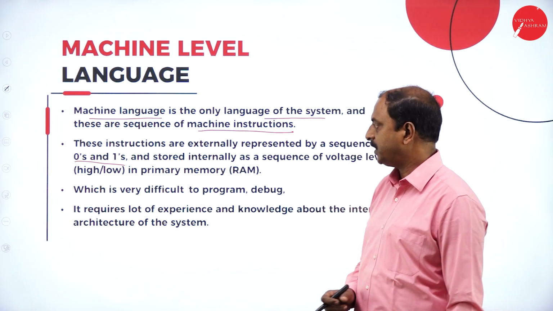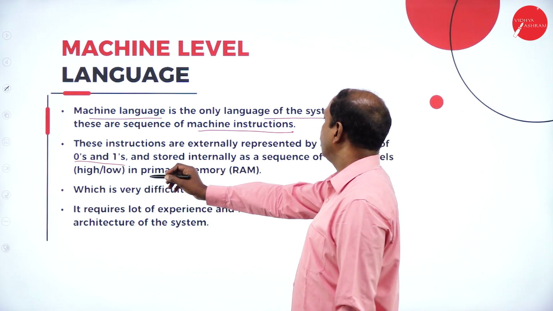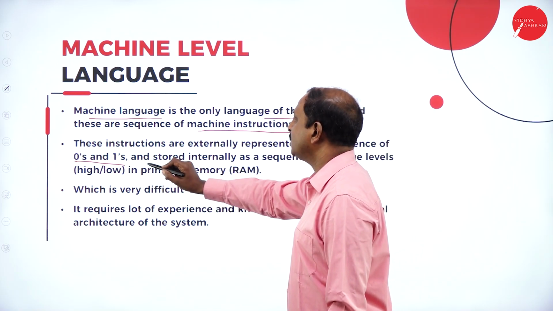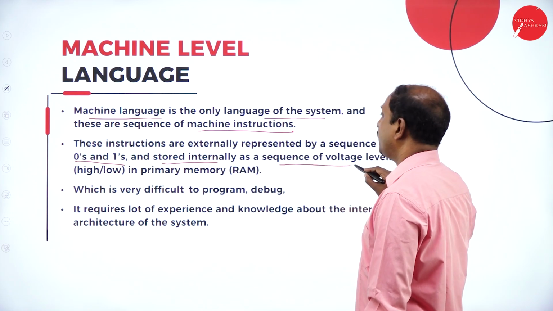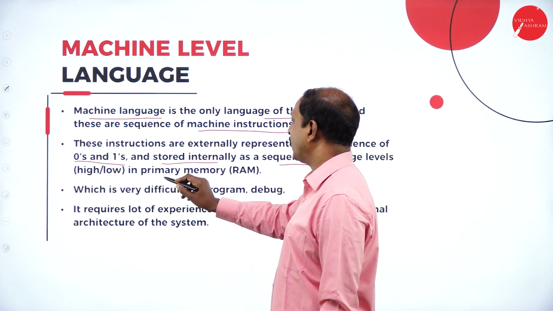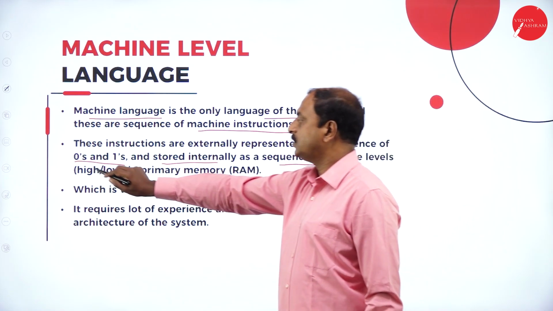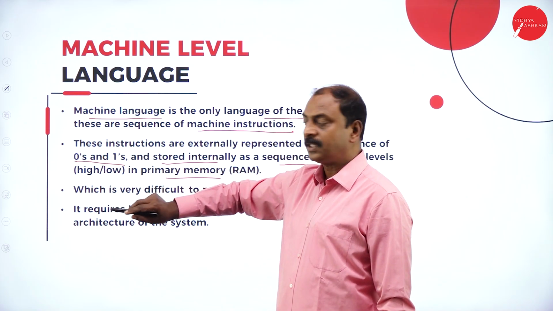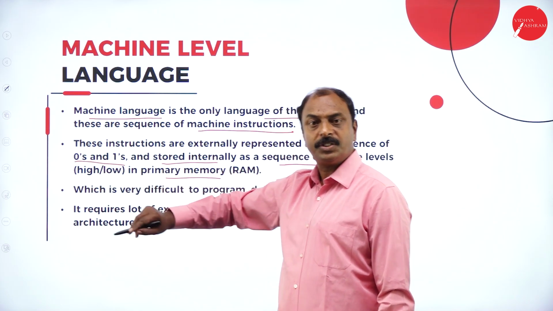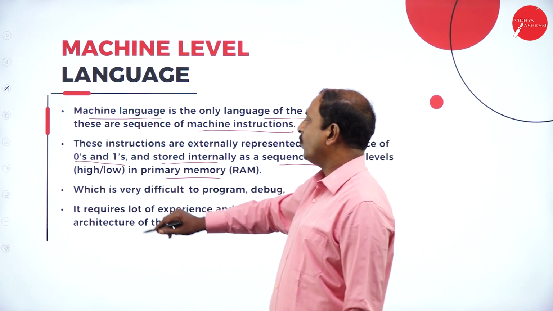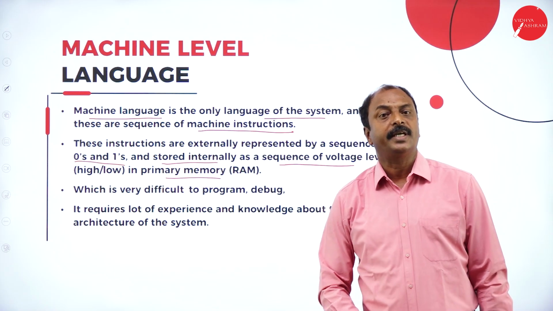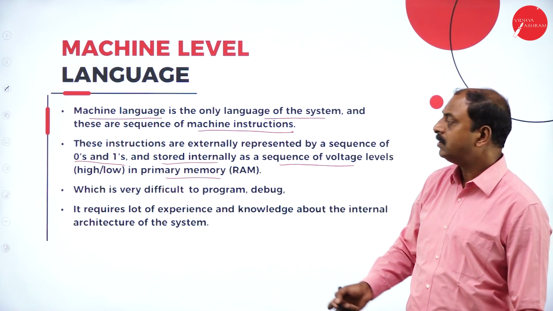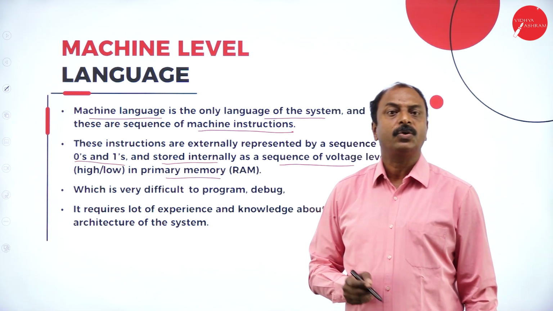These instructions are stored internally as a sequence of voltage levels, high or low, in primary memory. So zeros and ones are binary numbers, and we have to understand that with the voltage level, one is high, zero is low. These are the electronic signals which work based on these voltage levels, 0 or 1, high or low.